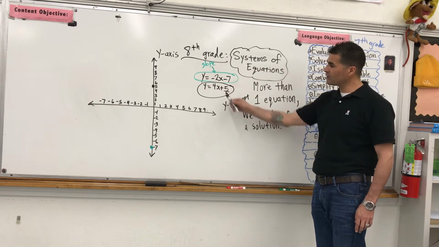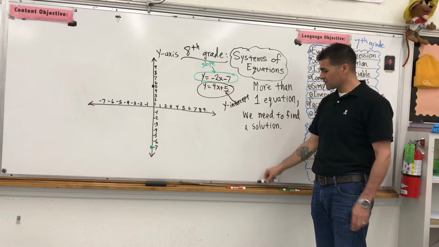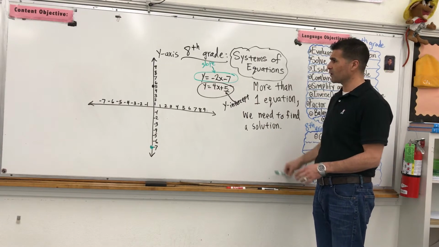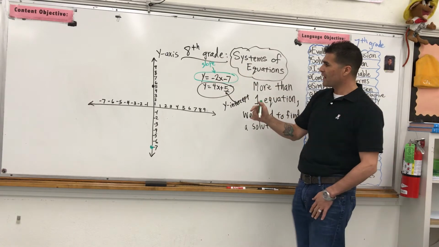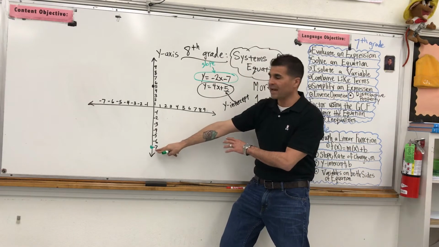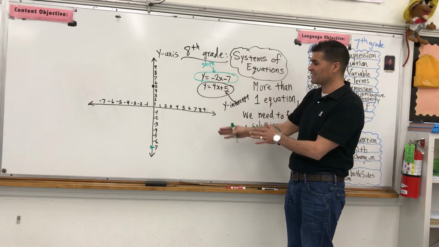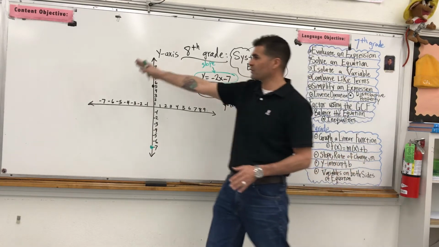So I noticed that it has a positive slope. So now what I'm going to start to do is use these slopes that I wrote, slope negative 2 and slope positive 4. I'm going to go to my green dot, and I know that this line must be going down from the left to the right.